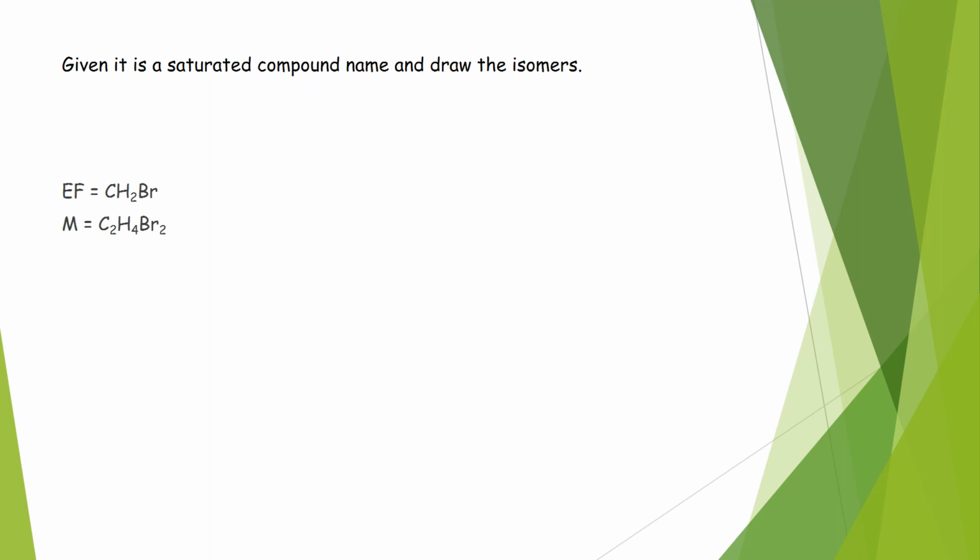So now we're up to working out the name and drawing any isomers. We've been told it's a saturated compound, which means it's all single bonded. So I'm just going to have a go at trying to draw this up. I've got carbon and carbon, they have to be single bonds. I've got 4 hydrogens and 2 bromines.